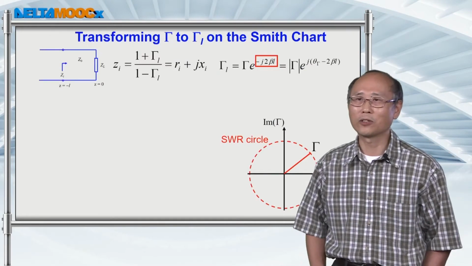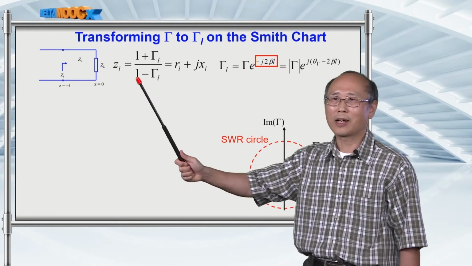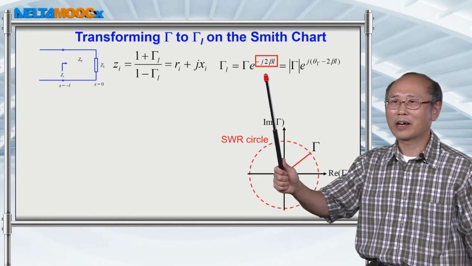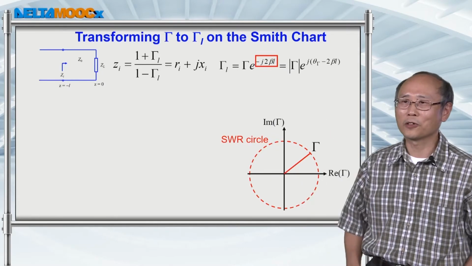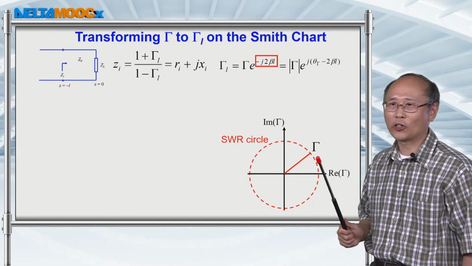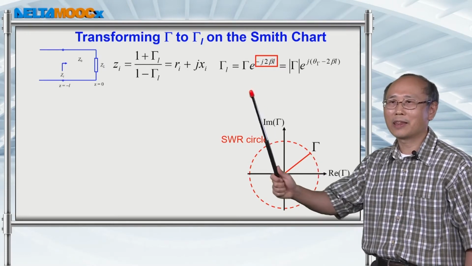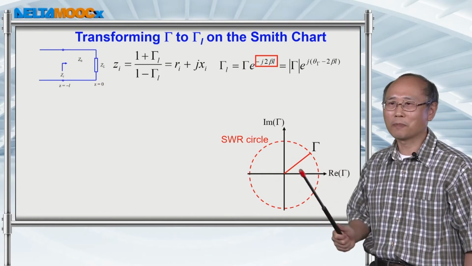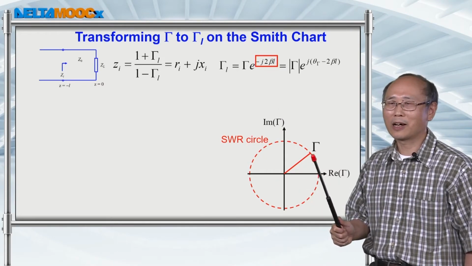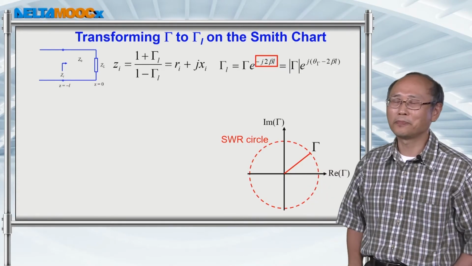So let's do this impedance transformation. Gamma L and gamma differ by this phase term. If you know the gamma value on the Smith chart, for example, at this location, then the additional phase term just means that you want to rotate this gamma along this circle for some angle.